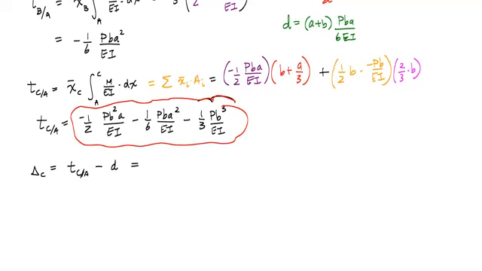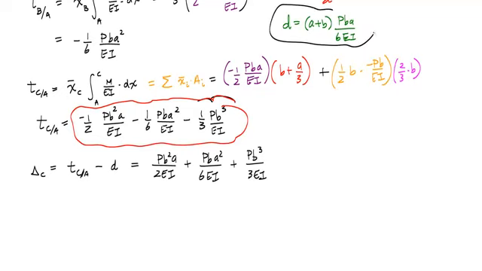So let me rewrite that. So here this will be that mess right there minus this D over here, PBA squared over 6EI minus PB squared A over 6EI. And I'll know right off the bat that this one cancels with that one, so that's nice.